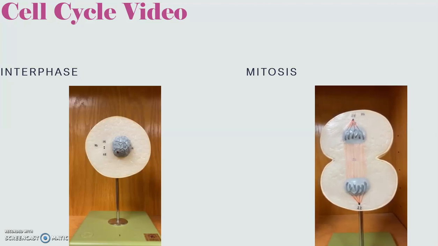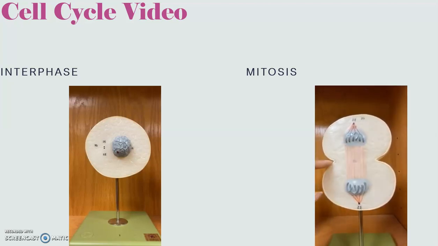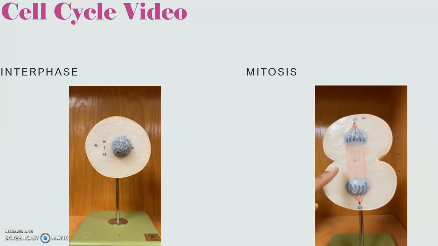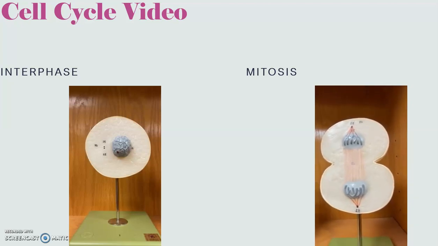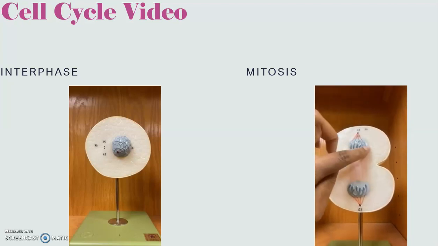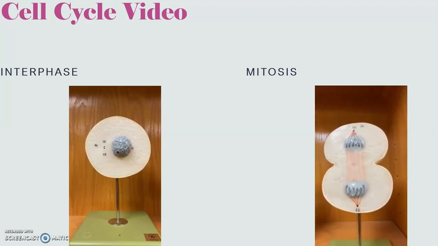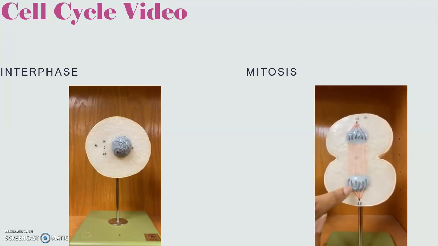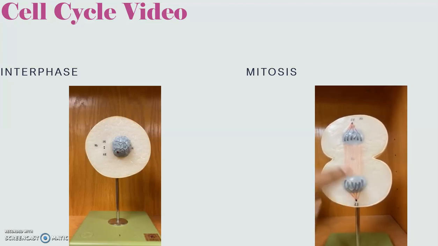Our cleavage furrow, this cleavage furrow that you see here where the cytoplasm, the plasma membrane, is going to start to pinch in on itself. Our nuclear envelope is starting to reappear. Our nucleolus will also start to reappear, and then those chromosomes will become chromatin.